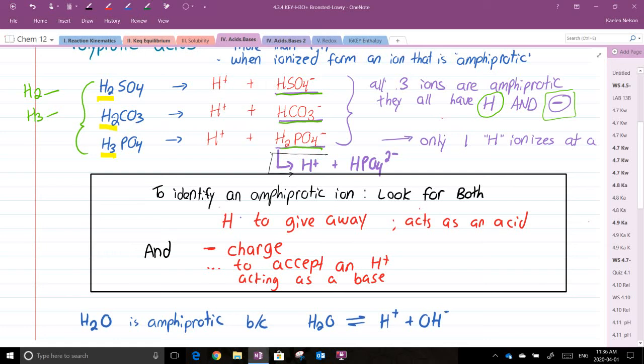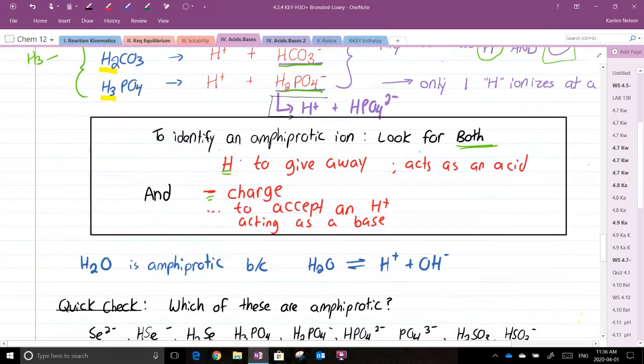Okay, so in the box here, I've highlighted you 2 ways to check for an amphiprotic ion, and you need to look for both. You want it to be both an H and a minus charge. Water is an amphiprotic ion, even though when it's written as H2O, it's kind of invisible, but if you write it as HOH, you have H plus indicating your acid and OH minus indicating your base.